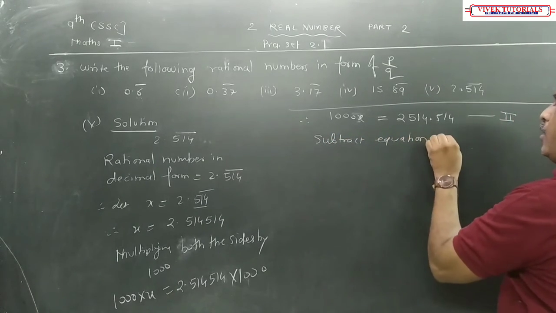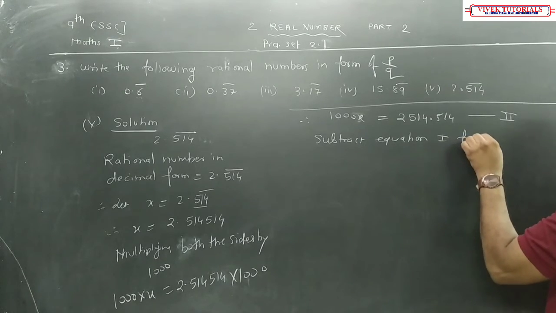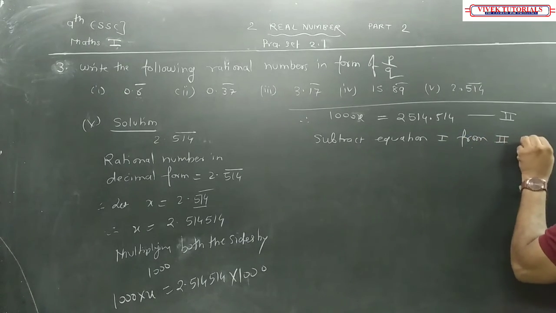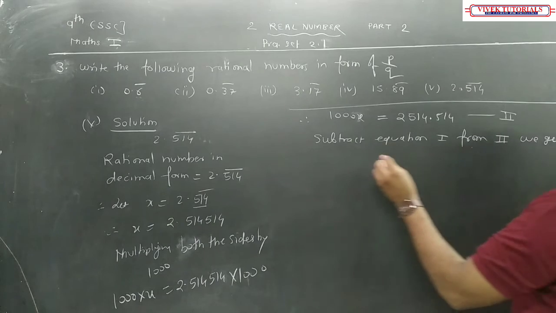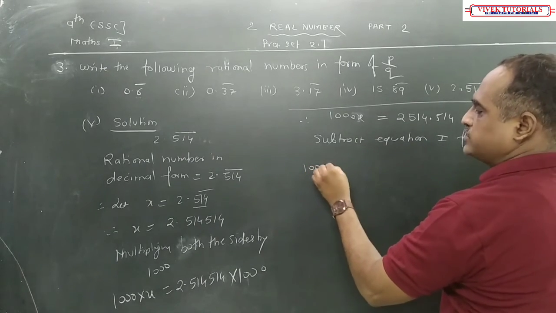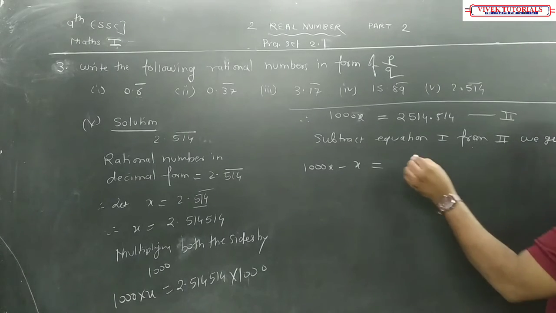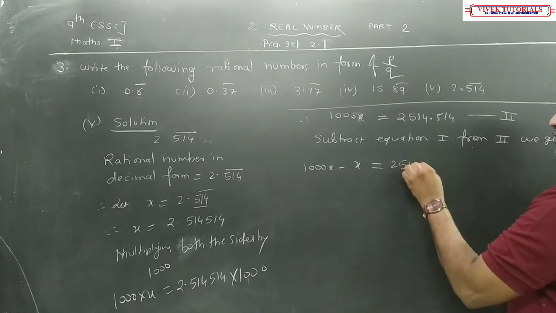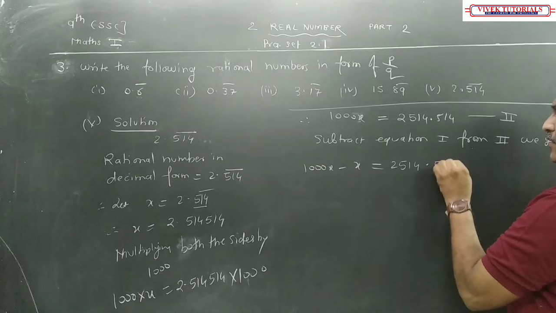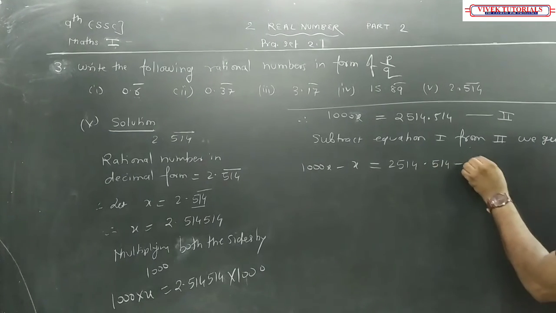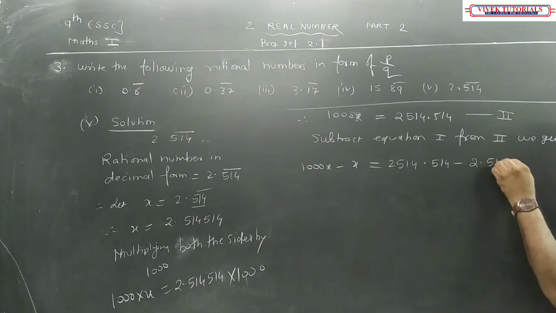We are going to write subtract equation 1 from 2. We get that is 1000x minus x is equal to 2514.514 minus 2.514.